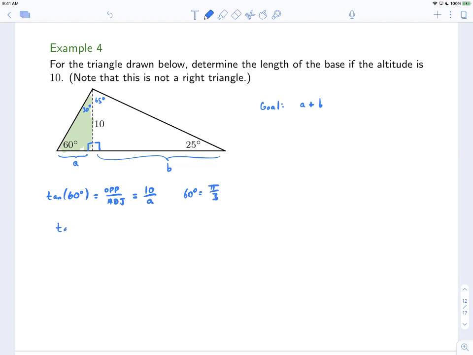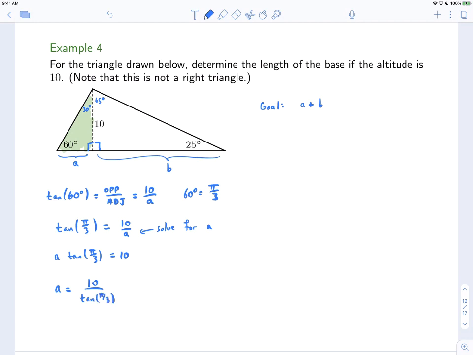So tangent of pi over 3 is equal to 10 over A. We want to solve this for A. So we can multiply the A over to the other side: A times tangent pi over 3 is equal to 10. And then we divide by this tangent term. So A is equal to 10 over the tangent of pi over 3.